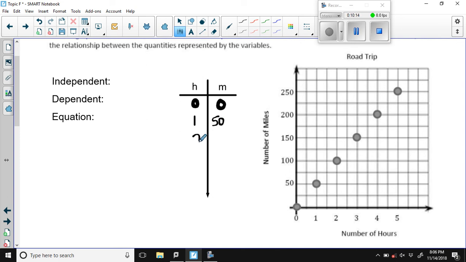If I've been in the car for 2 hours, it looks like I should have traveled 100 miles. And I'm going to keep using the graph to complete my table.